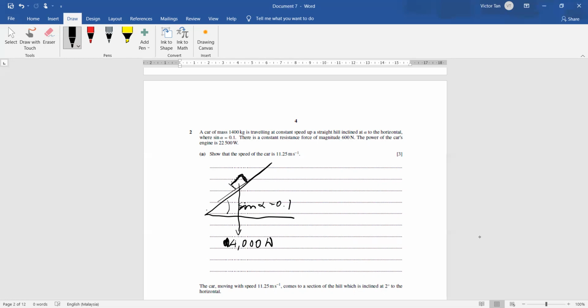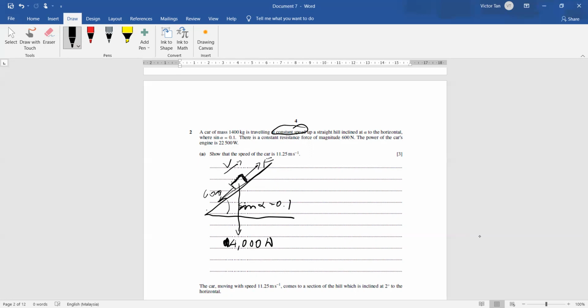And there is a resistance of 600 Newton. This is my force pulling the car. Okay. So the key words are constant speed. And the speed you have to find, V.